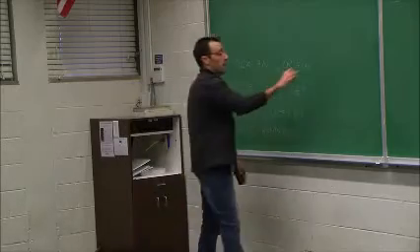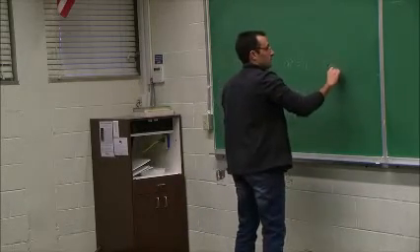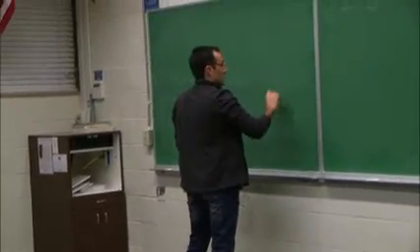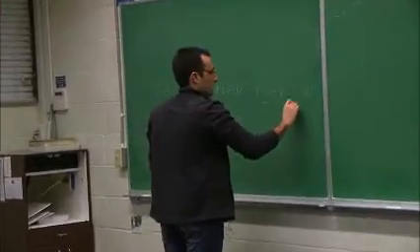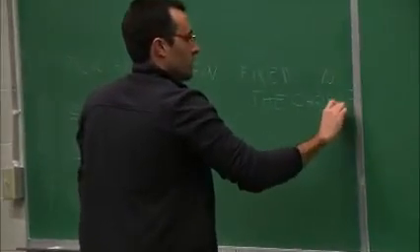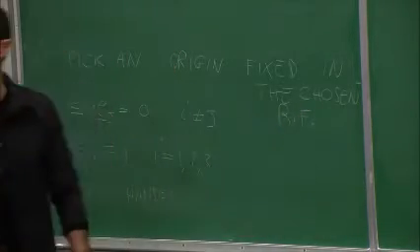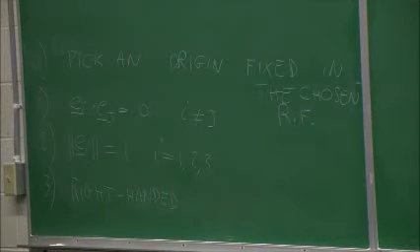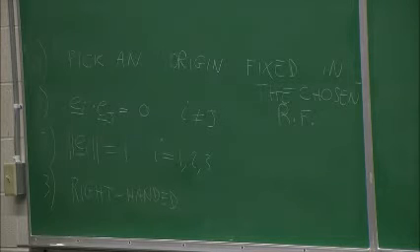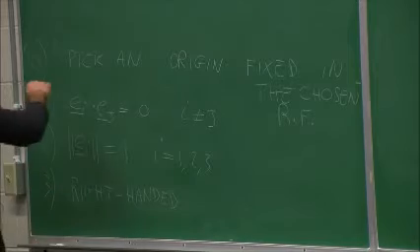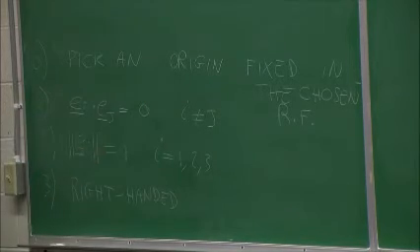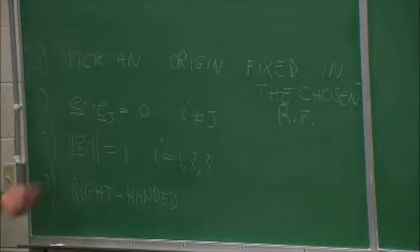Fixed in A. In the chosen reference frame. It's what I said before. If my table is my reference frame, I'm not going to run around the table like crazy. I'm not going to move the ruler as I'm measuring something, because I don't think it's easy to measure something doing this, right? So you pick an origin that is fixed, and the basis also will be fixed.